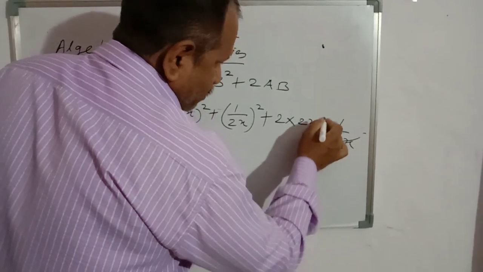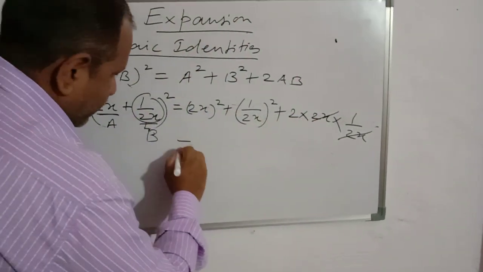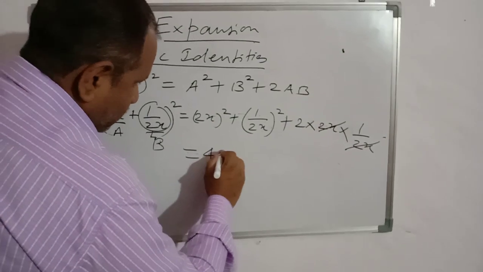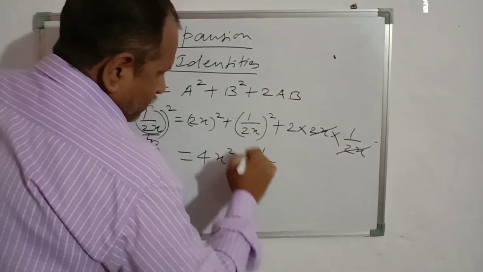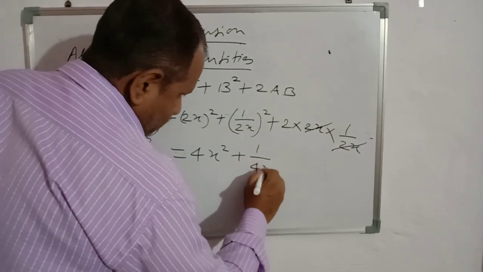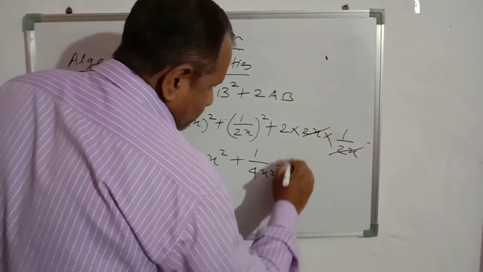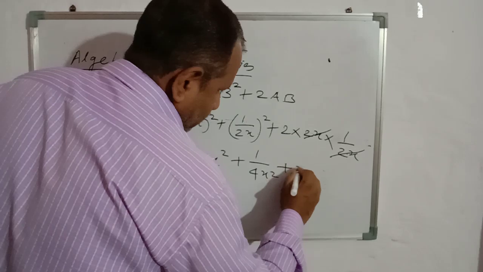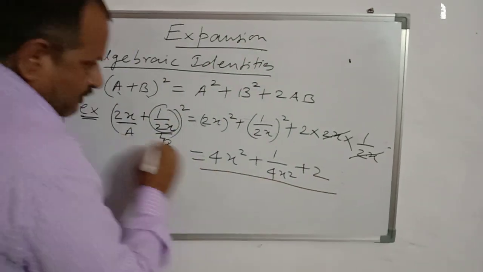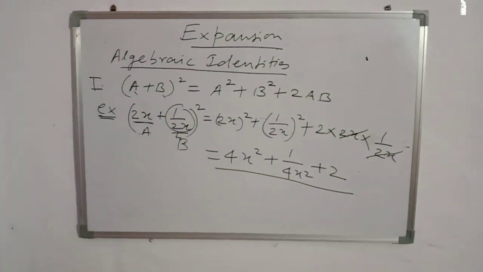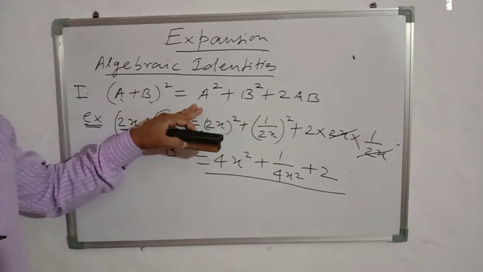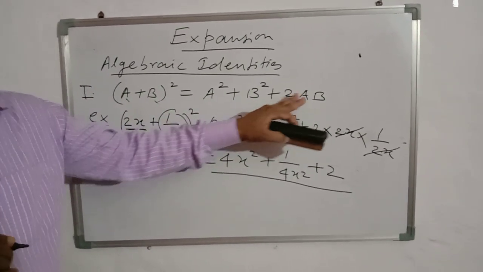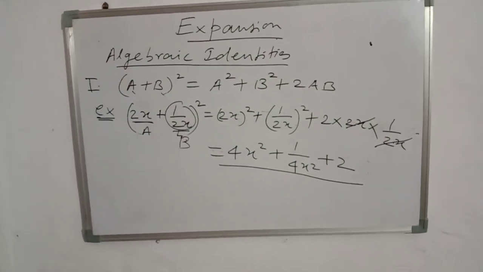We can cancel this 2x with 2x and take the square: 4x square. 1 square is 1 and 2x whole square is 4x square, plus 2x cancels, so only 2 is remaining here. This is our answer. So it is the application of the identity a plus b whole square, that is a square plus b square plus 2ab.